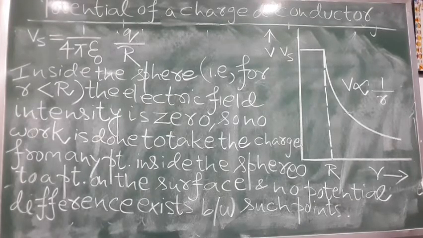Thus the potential at any point inside the sphere is given by V equals 1 by 4 pi epsilon naught Q by R, and the figure which is given shows the variation of potential due to a charged sphere at a distance r from the center of the sphere.